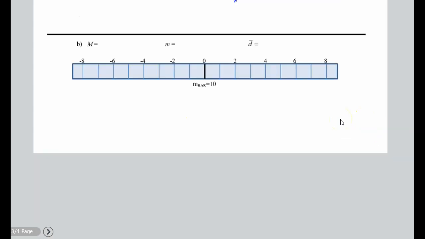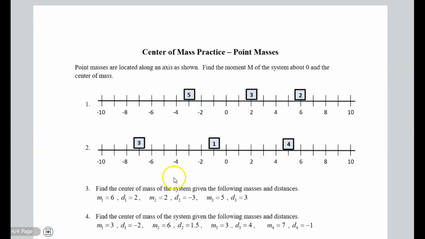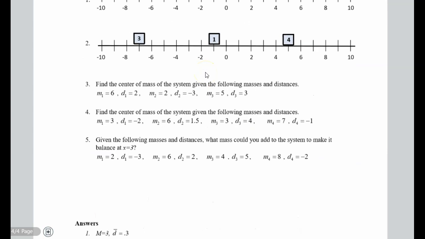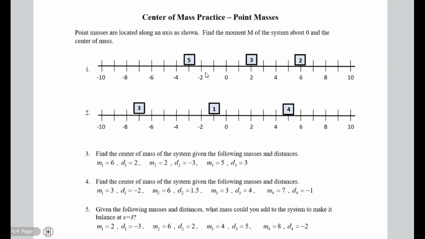After you've done that, there are some homework exercises on the last page, so you can go through there. The answers are kind of there at the bottom. But go through, make sure you understand what's going on with all these computing center of mass and things like that. What we'll be looking at in the future is 2D systems of point masses, and then other 2D shapes that are what they call lamina.